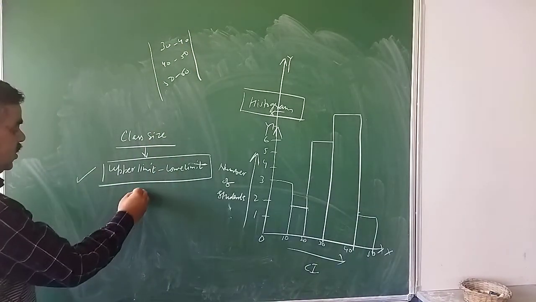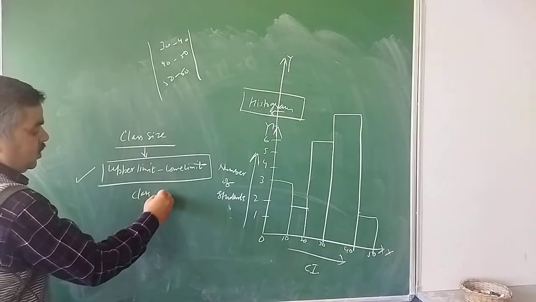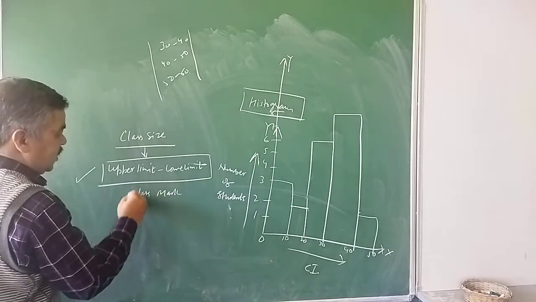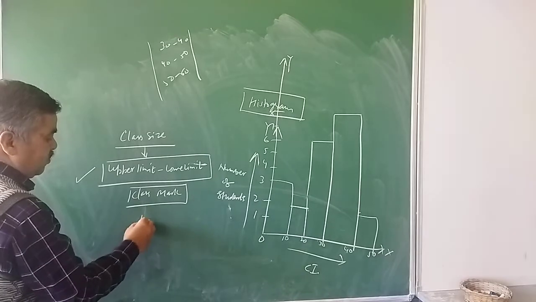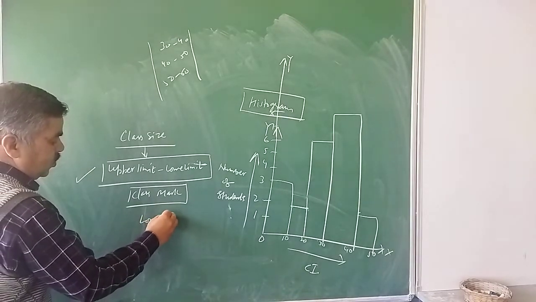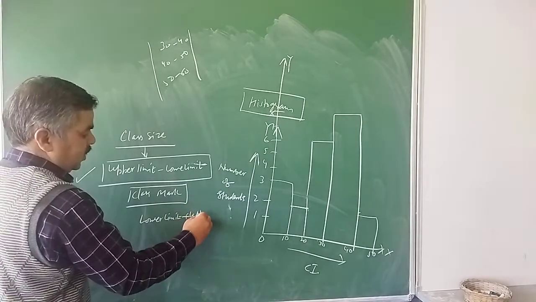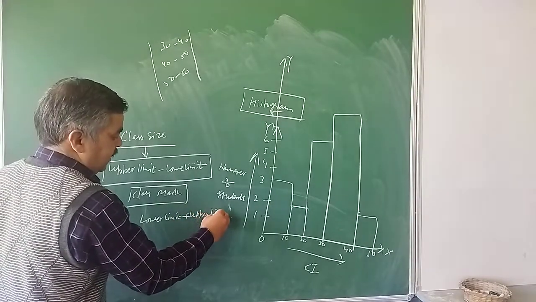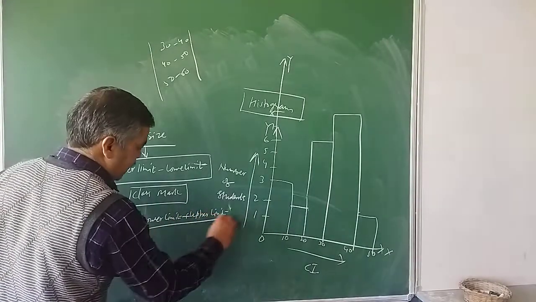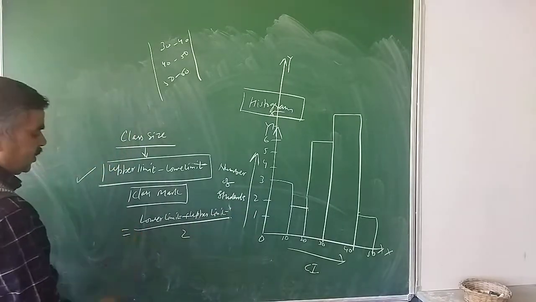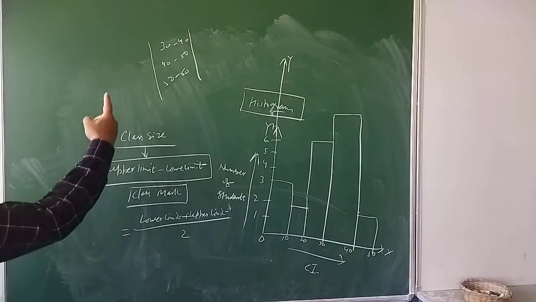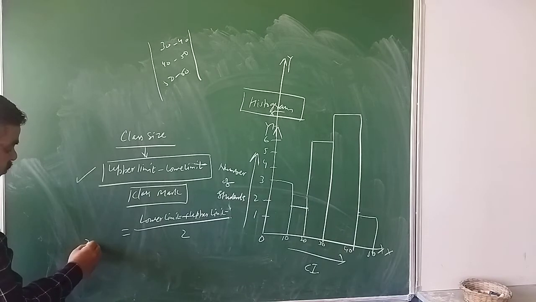Another term you need is the class mark. So what is the class mark? It is the mean of these two limits: lower limit plus upper limit, divided by 2. Suppose you need to find the class mark of 30 to 40.